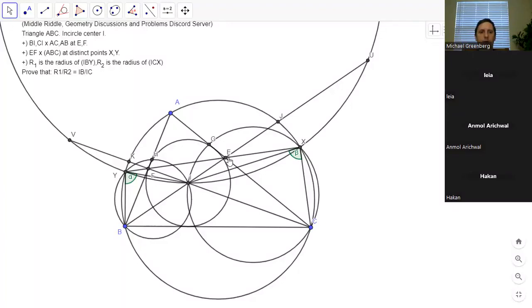So I'm still trying to understand how it follows. So basically, we want to show EI times EU. Yeah, how does it work? So EA times EC.